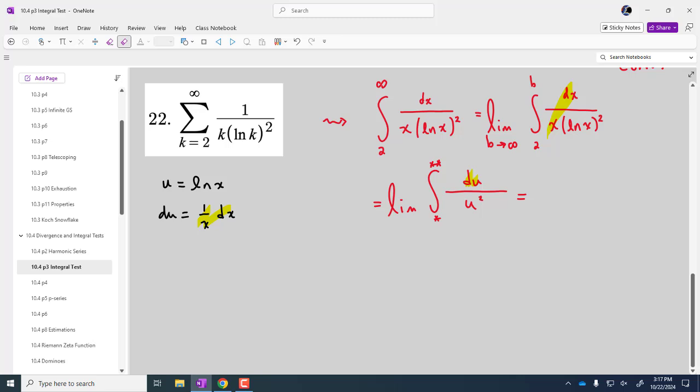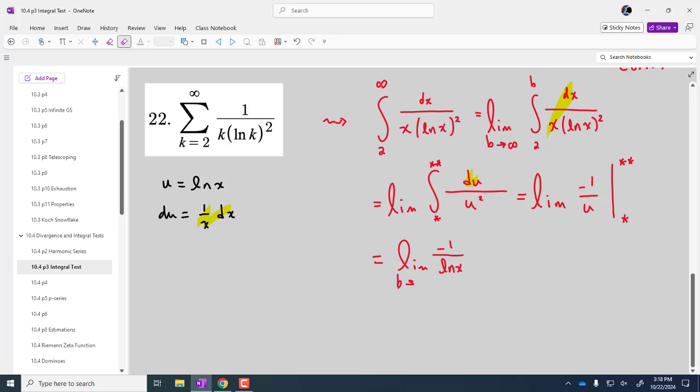So this is u to the negative 2. Add 1, we get u to the negative 1 divided by negative 1, so negative 1 over u. Placeholder limits. And then we're going to replace u with what it's equal to, so we get negative 1 over natural log of x.